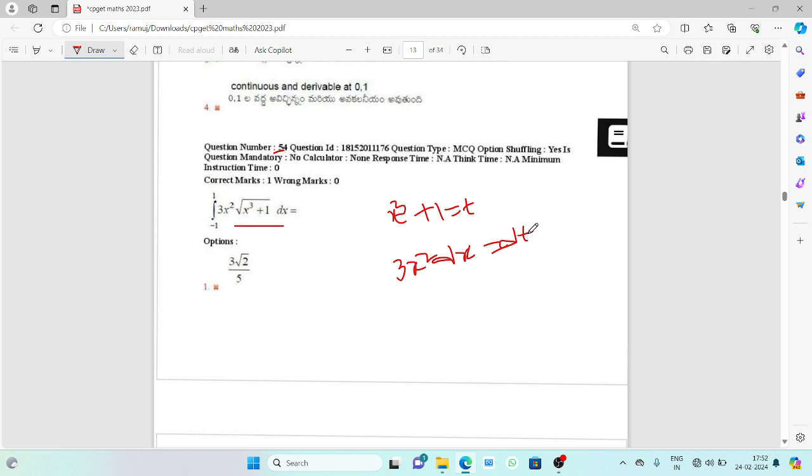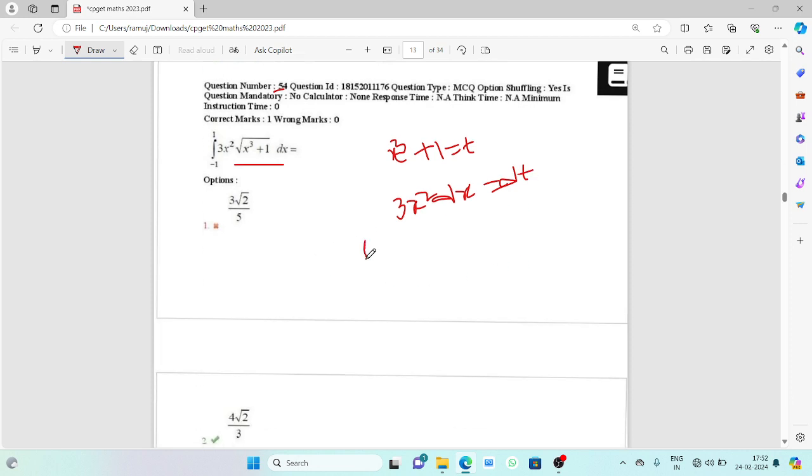Substituting these values in the given integration, I get the integral from minus 1 to 1 of root t dt. I am not going to change the limits here. After doing the integration, I will directly substitute the limit values.